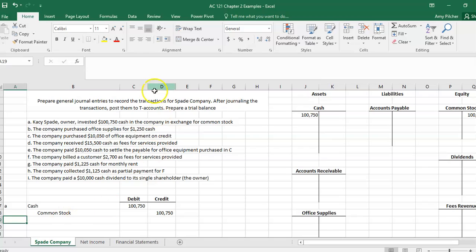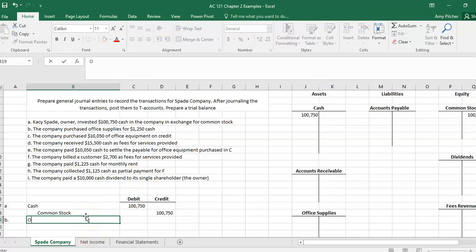Our second transaction B. The company purchased office supplies for $1,250 cash. So our two accounts are office supplies and cash. We increase office supplies, that's our debit, and we decrease cash. So that is our credit.